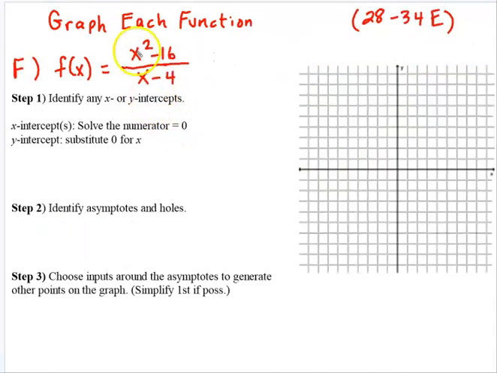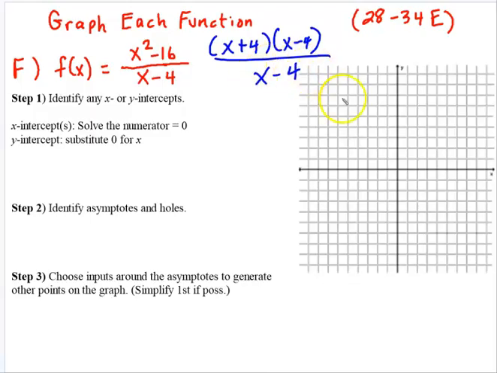All right, let's try this one. Let's do all the factoring we can. Look for opportunities to cancel. That tells us we're going to have a hole. So this turns out to be y equals x plus 4 with a hole, since we canceled. And it would be at 4, 8.